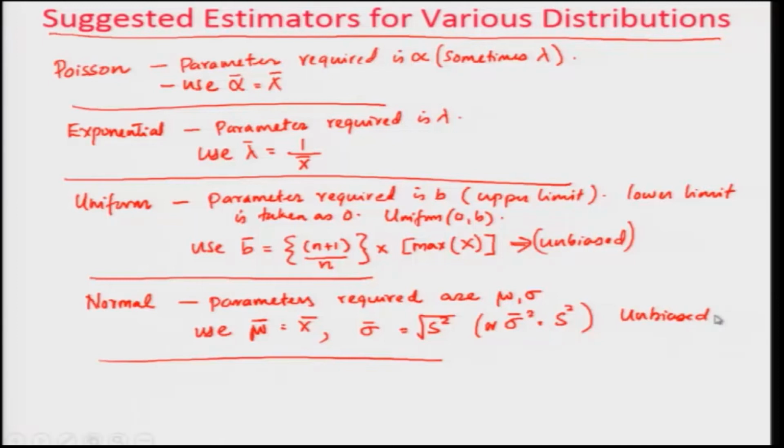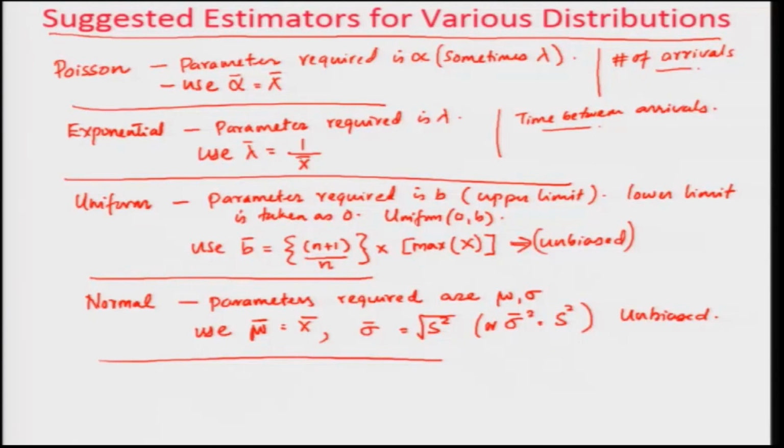Okay. So, we can see that the Poisson distribution is usually the number of arrivals. To do that, you require parameter alpha and use x bar as an estimator of the parameter. The exponential distribution is usually time between arrivals. Okay.